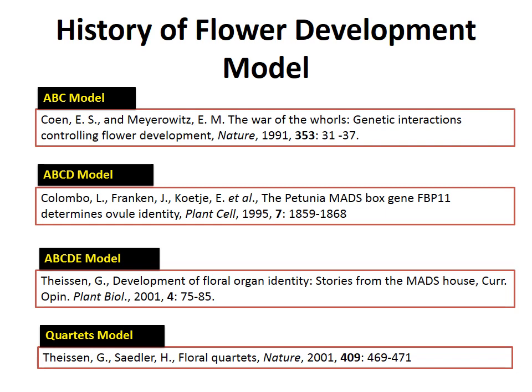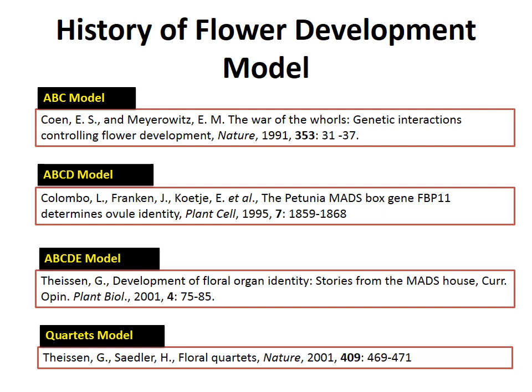History of the ABCD model. The ABC model was given by Coen and Meyerowitz, The war of the whorls: genetic interactions controlling flower development, which was published in Nature in 1991. After that, the ABCD model was proposed by Colombo, Franken, Koetje and other co-workers.